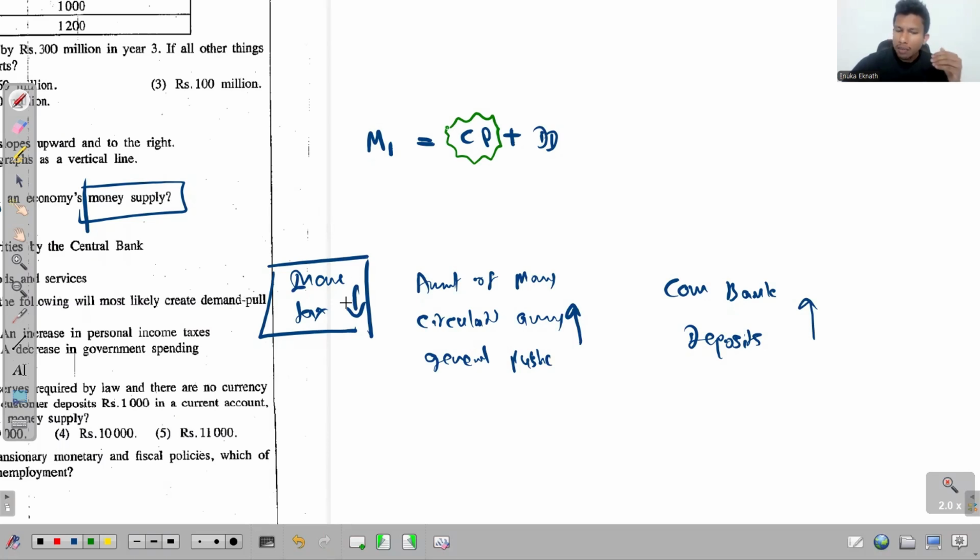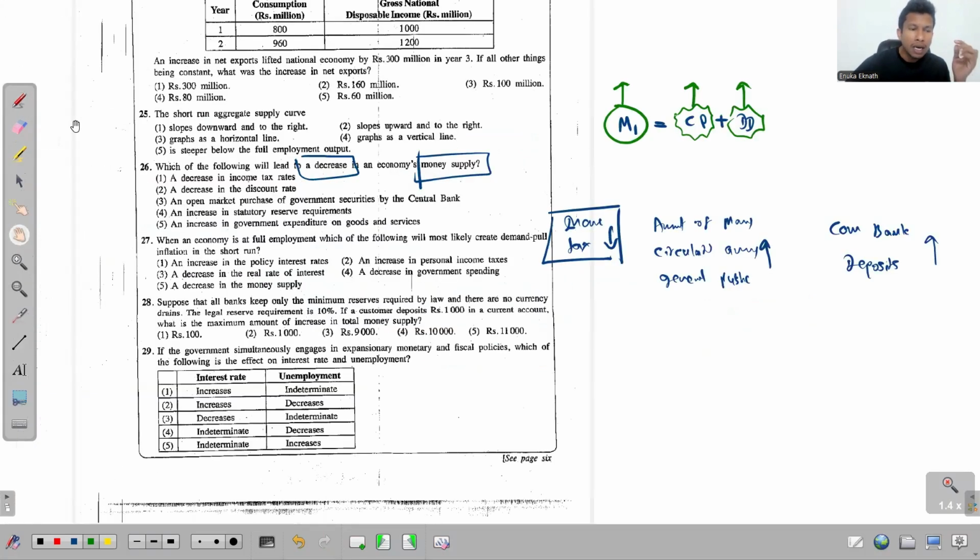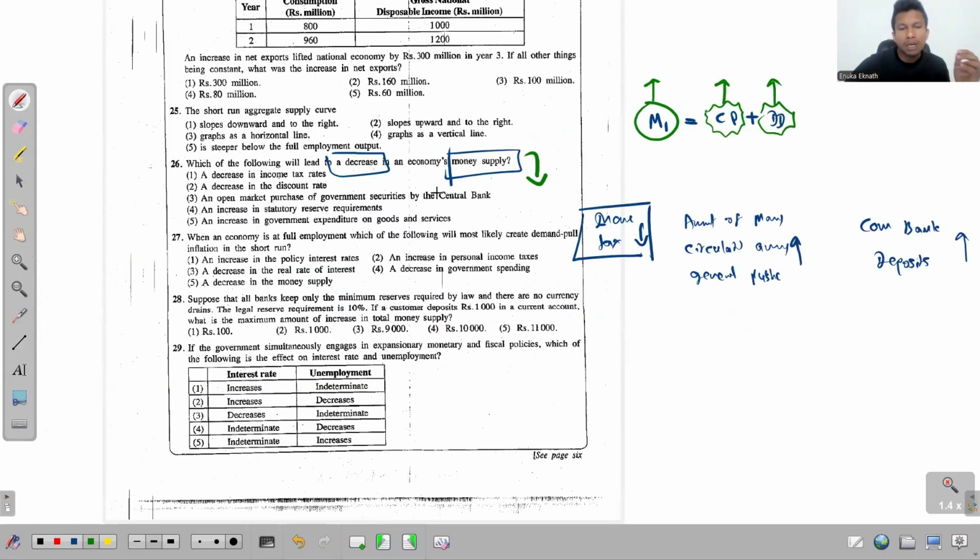The currency in circulation among the general public increases, even the demand deposits increase. So finally, the money supply in the economy will increase. But what needs to happen according to the question? The money supply should decrease. But as a result of this first one, money supply increases. So we don't take that to be the answer there.